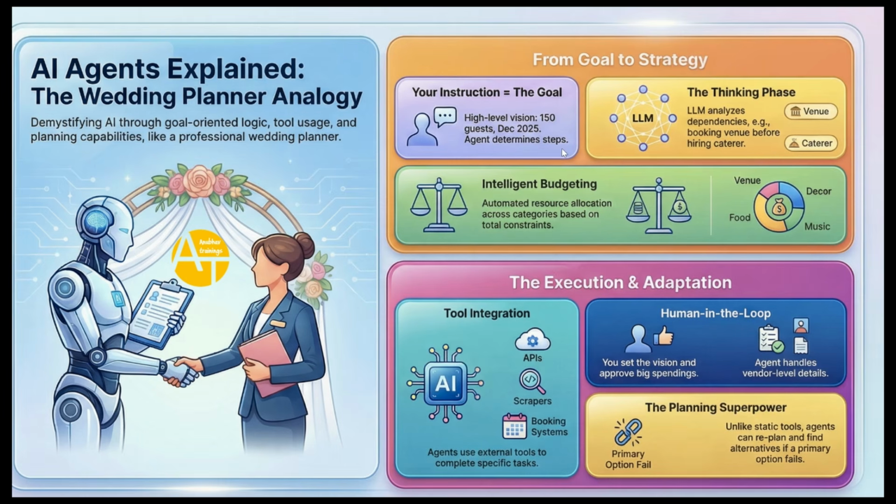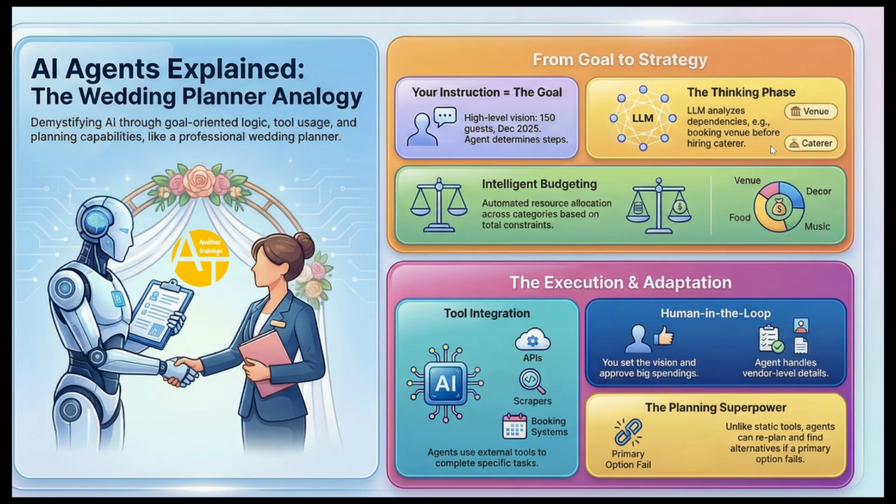The agent determines these steps. The agent will first understand what you have written by analyzing all the aspects of your input. It extracts the most critical details from your input. Then it analyzes the dependencies, for example, booking the venue before hiring the caterer. Because December is a high season for weddings in India.